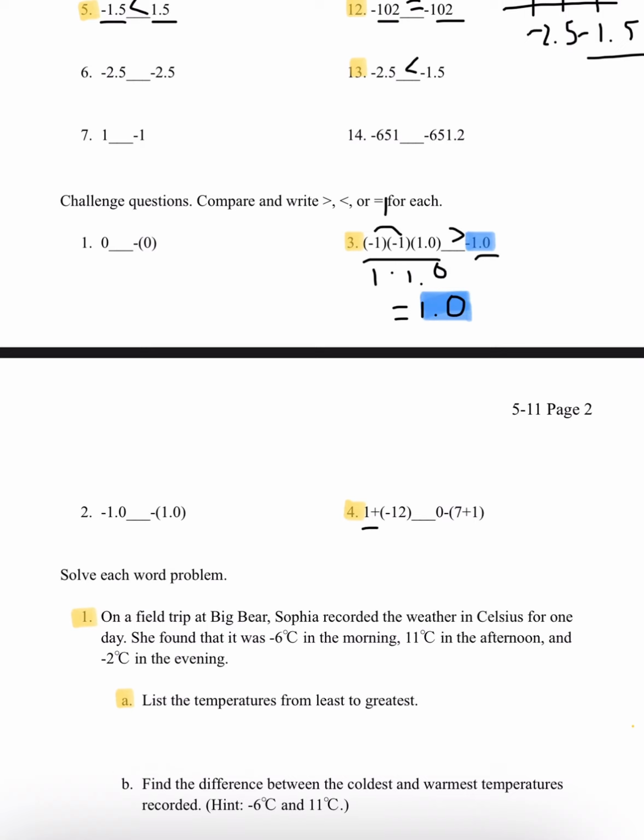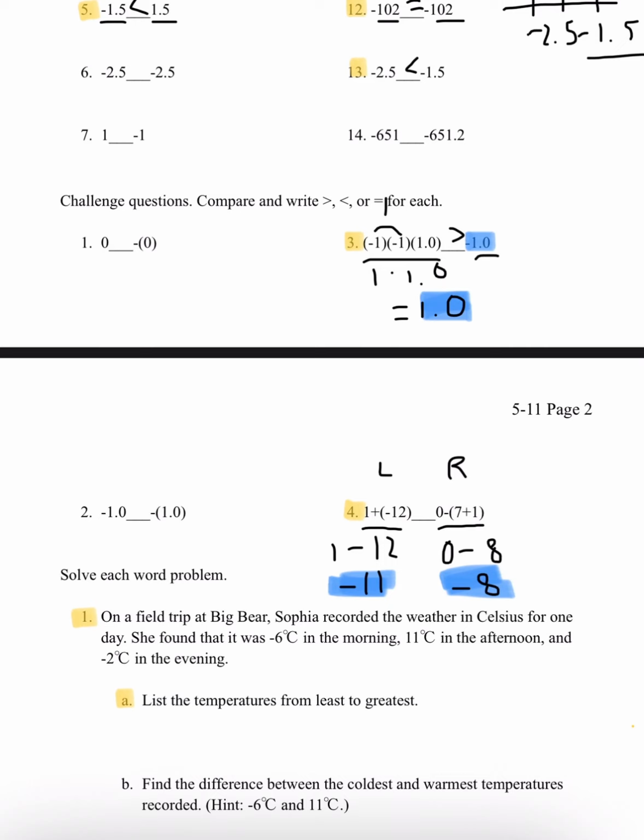We also have to solve this one in order to know what numbers are on each side. Let's start with the left. So on the left, we have 1 minus 12, which is negative 11. And then 0 minus 7 plus 1 is 8, which is negative 8. So that's our numbers.